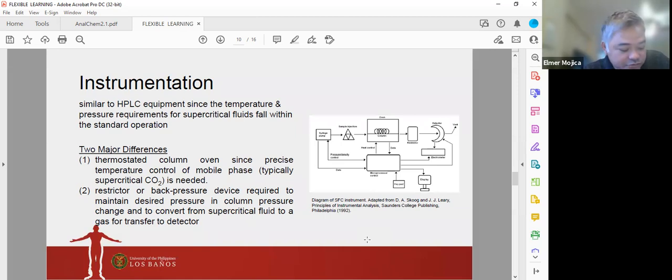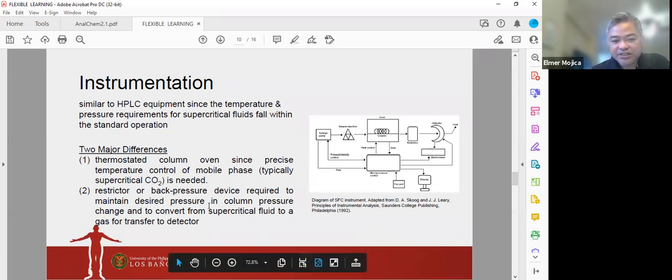The two major differences are, first, a thermostated column oven, since precise temperature control of your mobile phase, typically supercritical CO2, is needed. Second, a restrictor or back pressure device is required to maintain the desired pressure in the column and to convert the supercritical fluid to a gas for transfer to the detector.